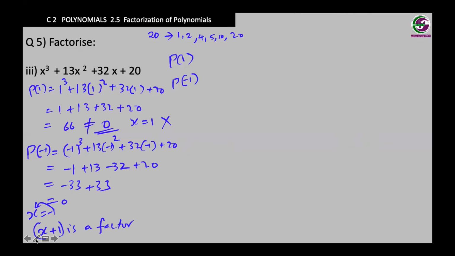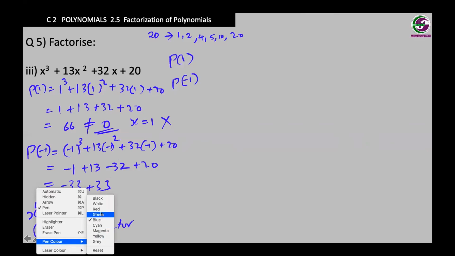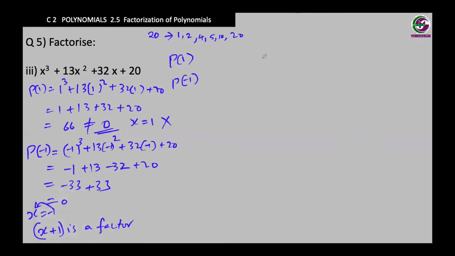Now again, as usual, we will check the long division method. x cubed plus 13x squared plus 32x plus 20 divided by x plus 1, because x plus 1 is a factor. x cubed divided by x is x squared. x cubed plus x squared.